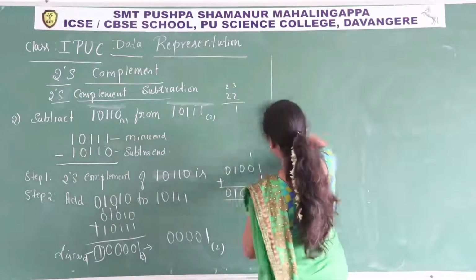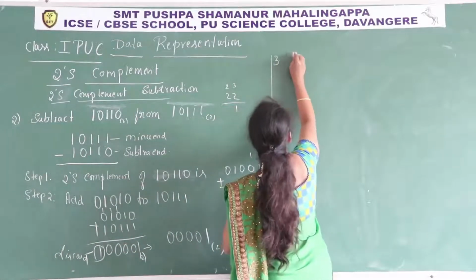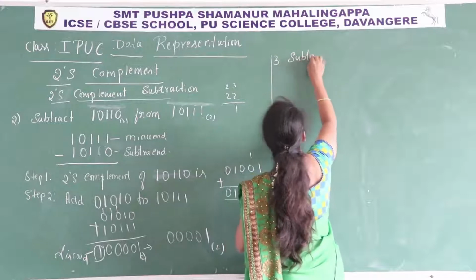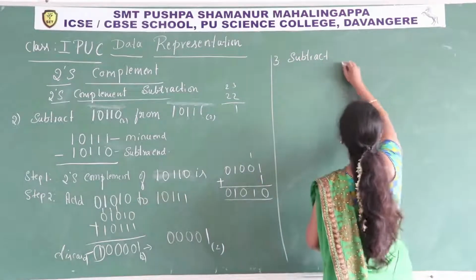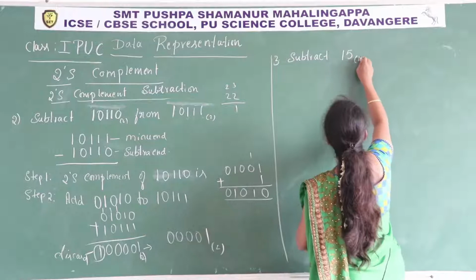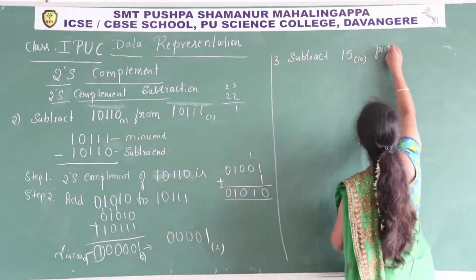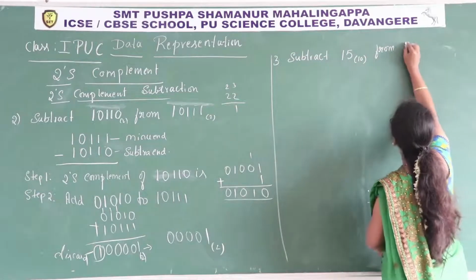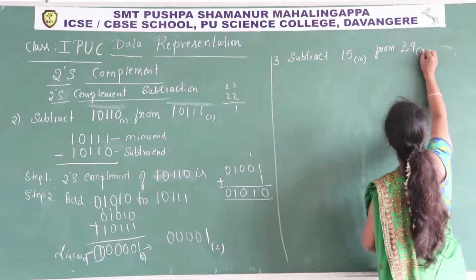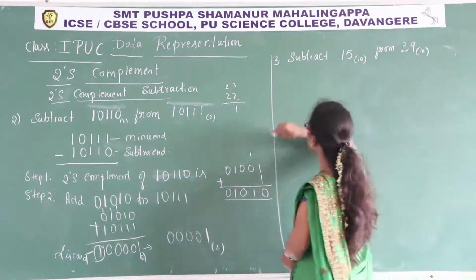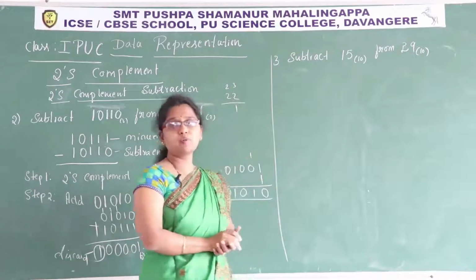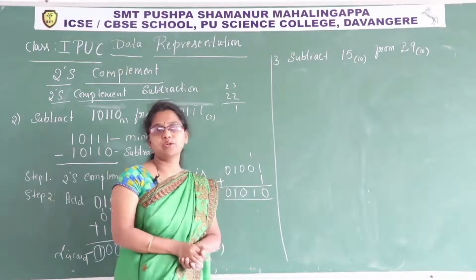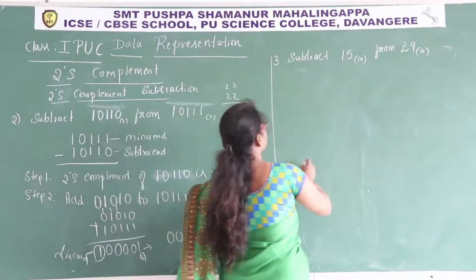Next example: subtract 15 base 10 from 29 base 10. The question is in the decimal number system, so we have to convert into binary first.